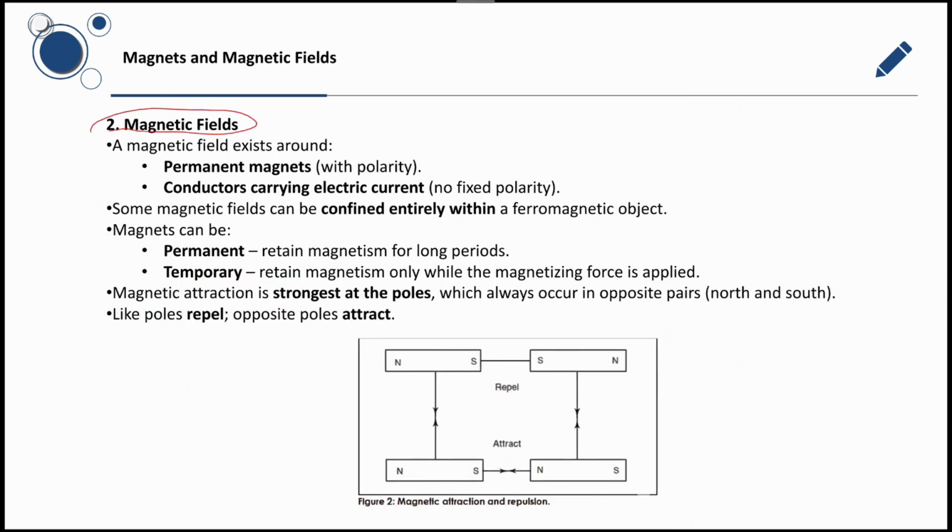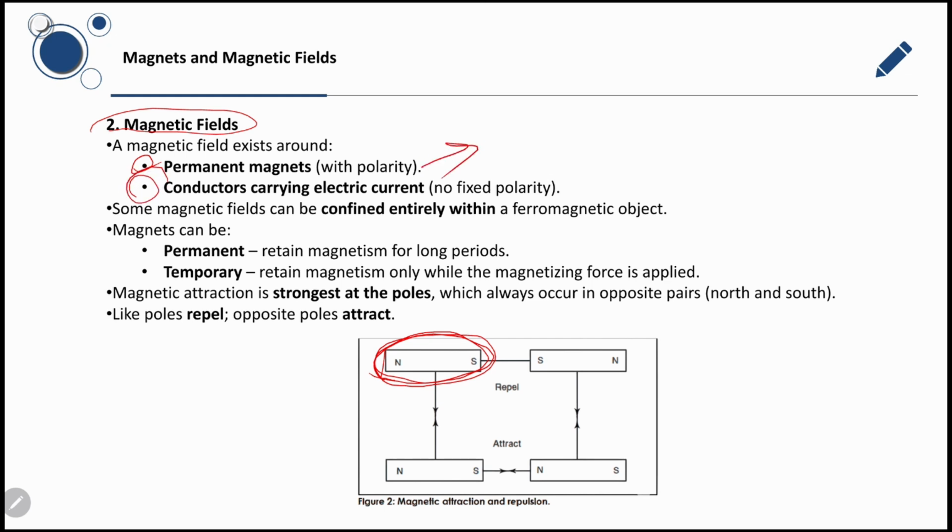Next, magnetic fields. A magnetic field is the invisible area around a magnet or an electric current where magnetic forces can be felt. Magnetic fields are created by permanent magnets and by electric current in a conductor.